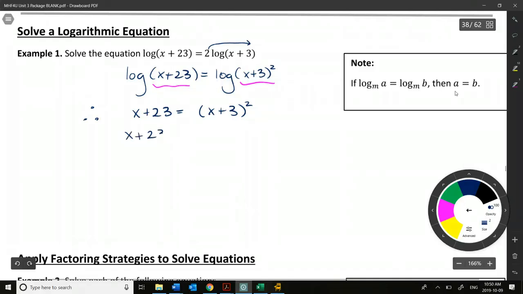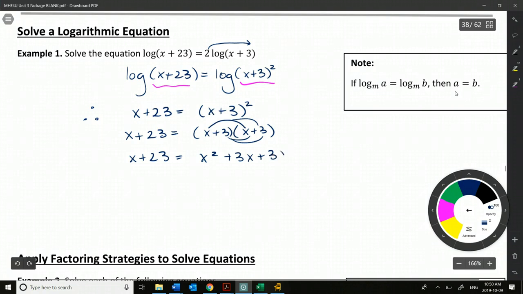So if I need to solve for x, I probably want to expand this x plus 3 squared out and get everything over to one side. So we're going to FOIL this expression. Okay, and I'm just going to move this x and the plus 23 to the other side of the equation, because usually when I'm solving something with x squared in it, and x's and constants, I will probably have to get this set equal to 0 on one side so that I can factor or use the quadratic formula to solve this.